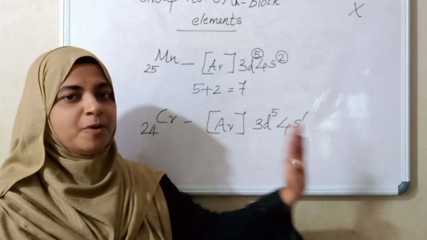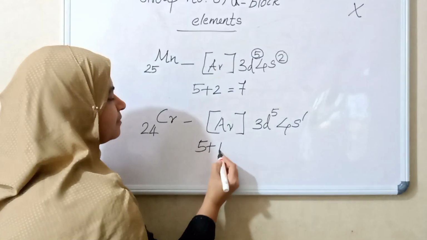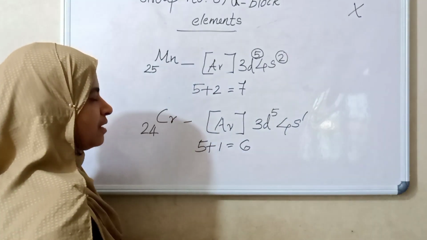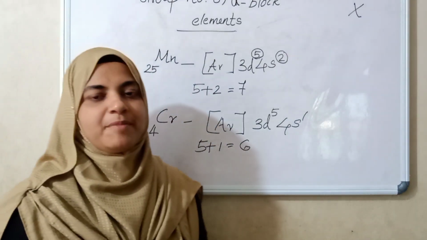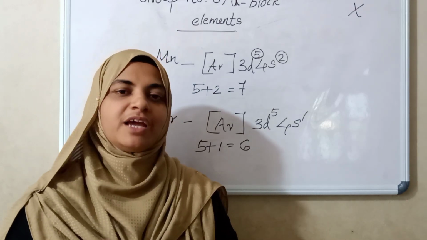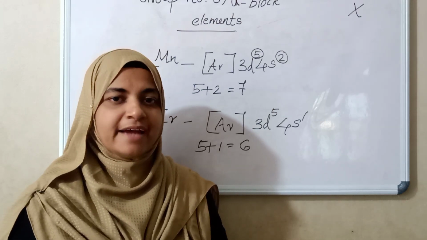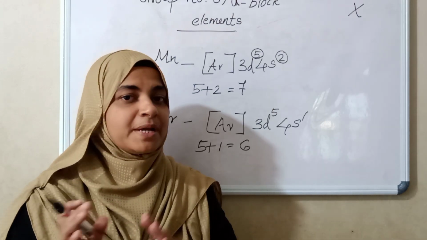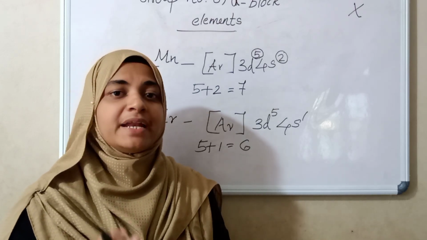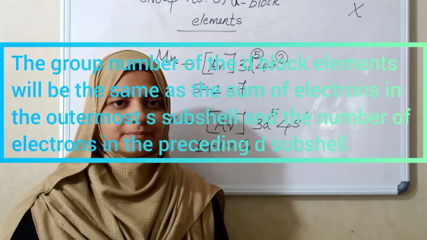Therefore, the group number is equal to 5 plus 1, that is the 6th group. In D block elements, the group number is equal to the sum of electrons in the outermost S subshell and the electrons in the preceding D subshell. Preceding means the penultimate D subshell. Do you follow me?